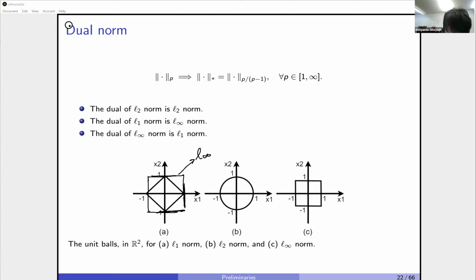This is the L2 norm, and the dual norm of this will be itself again, L2. This is the L1 norm, this is the L infinity norm. So you can also see visually that the dual of the L infinity norm is the L1 norm, and the dual of the L2 norm is itself.